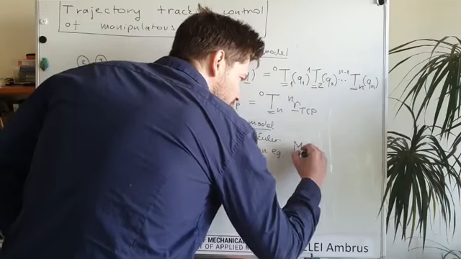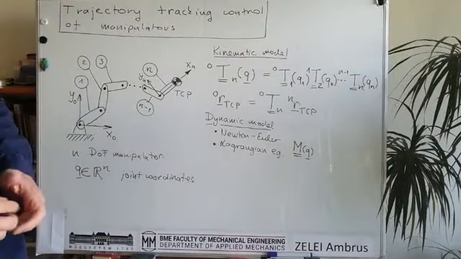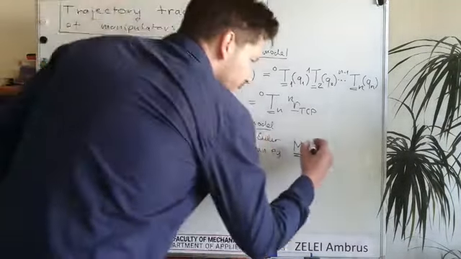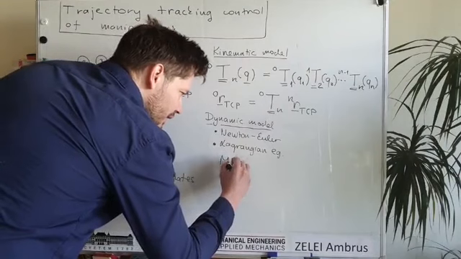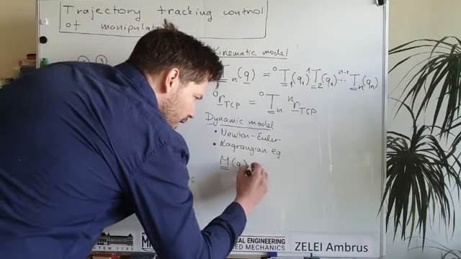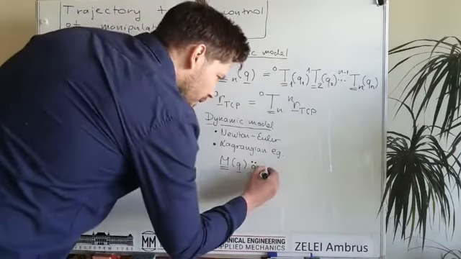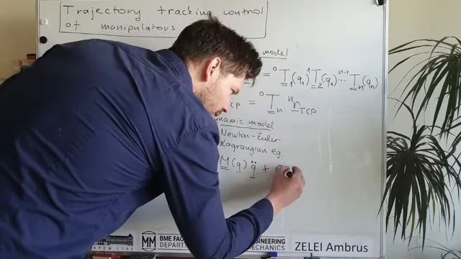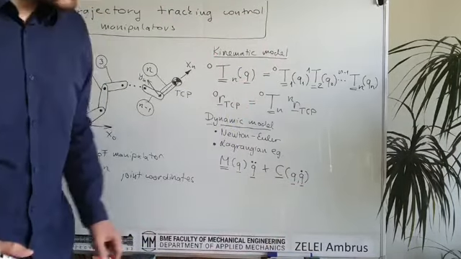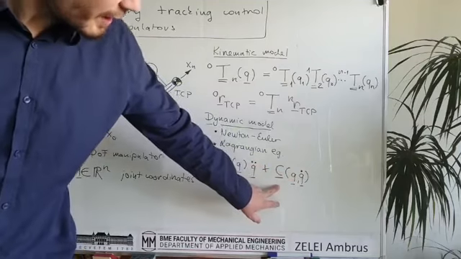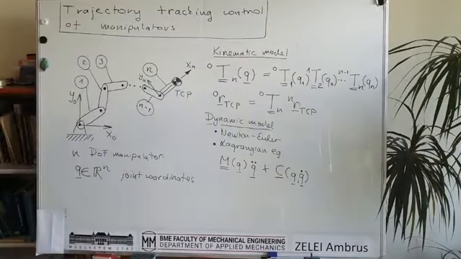So we can obtain an equation of motion in which there is a mass matrix, and the mass matrix depends on the joint coordinates, times the joint accelerations, plus some general forces which depend on joint positions and joint velocities, so damping and spring forces and gravity, and some kind of inertial forces like Coriolis forces can be put here.